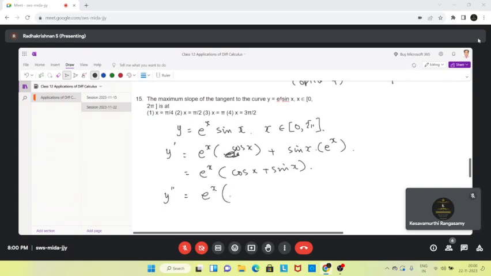E power x into cos x plus sin x, u into dv. Derivative of cos x is minus sin x. Plus v into du. So you see that the sin x and sin x get cancelled. There is 2 e power x cos x.